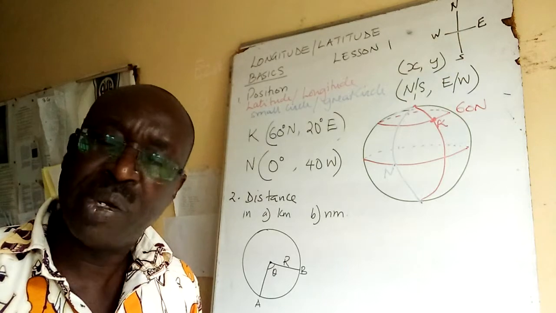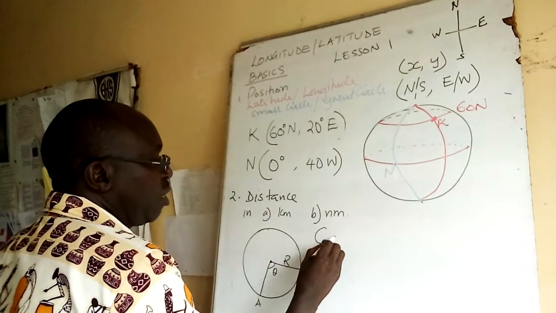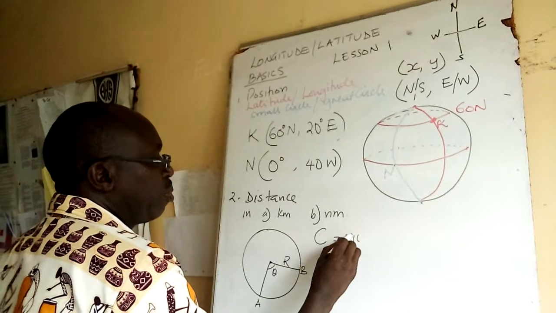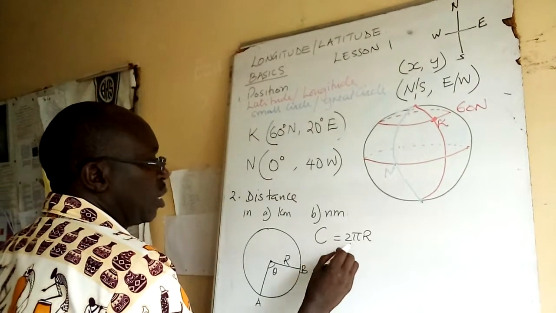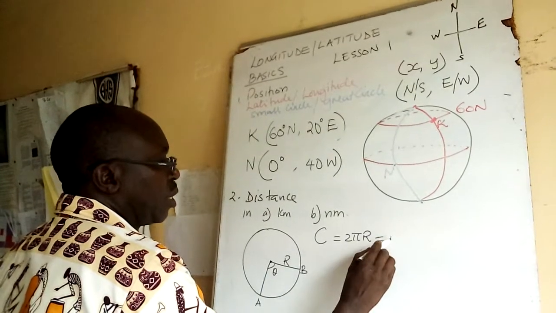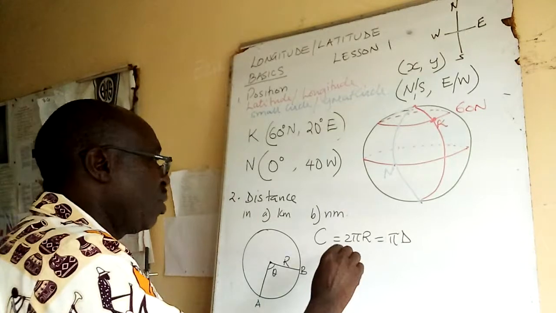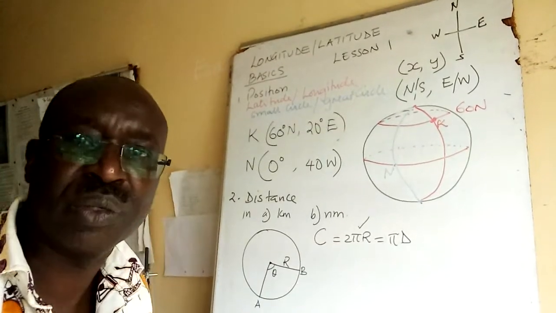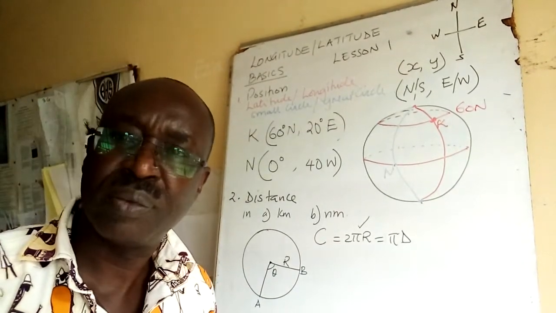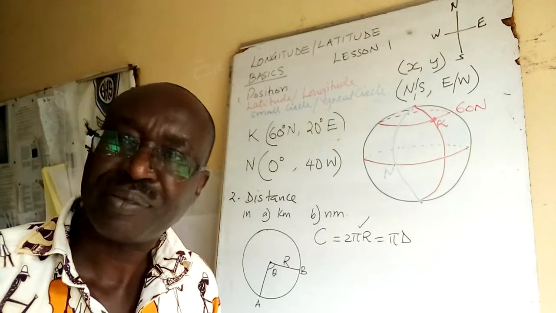So let us get the basic first. What is circumference? Circumference is 2 pi r. Some people say pi d. Both are correct. But I want you to get that version because it's the one we'll build on. So that is the basic of circumference.